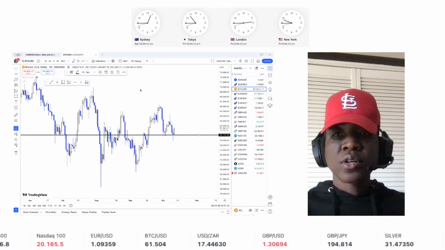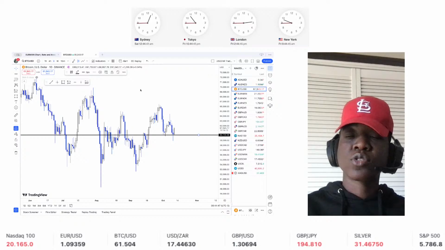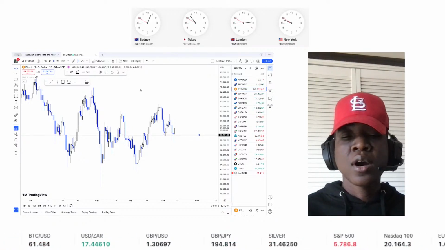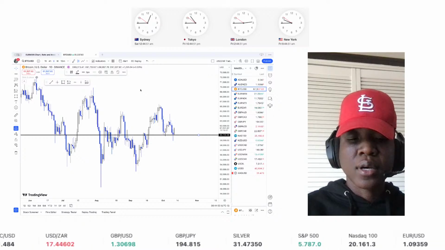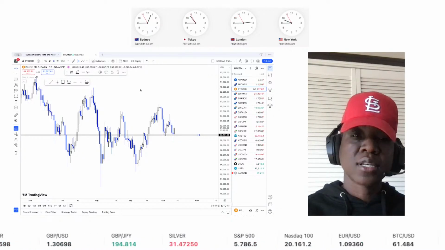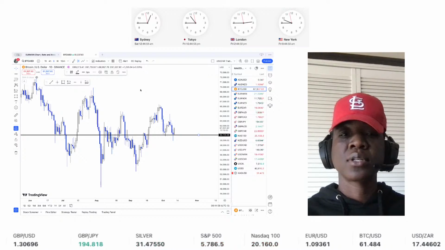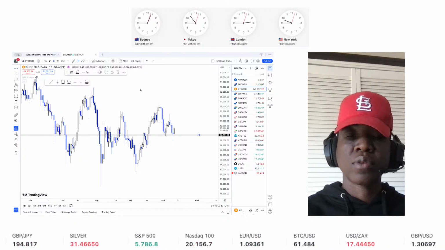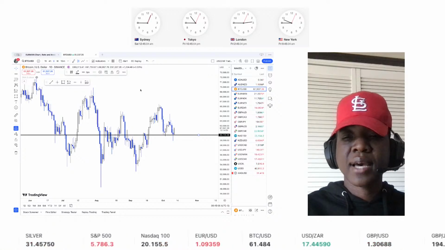Even with US 30, I don't trade US 30 that often. It's just not my jam. I know what markets align with my personality. And sometimes just because it's popular doesn't necessarily mean it's for you. People will be wearing Crocs. That's not for me.